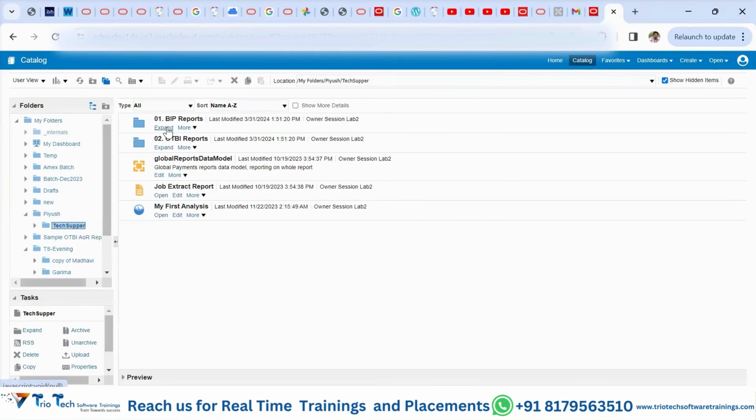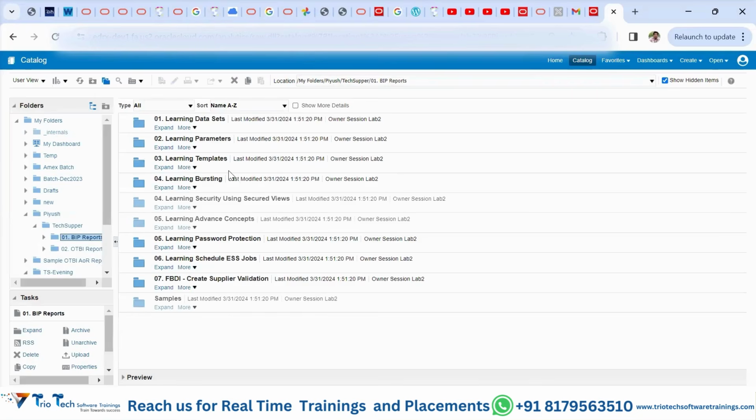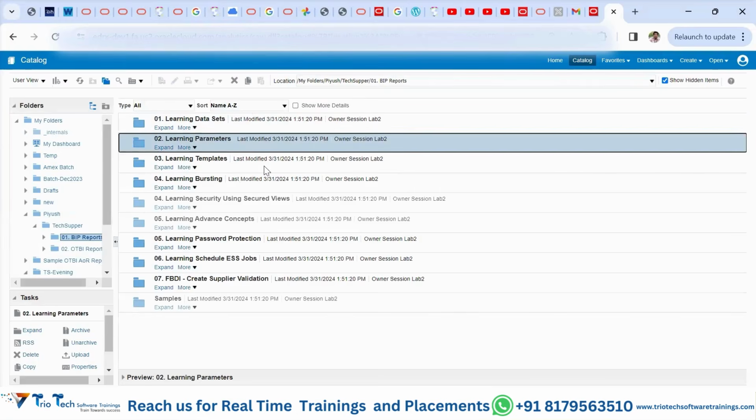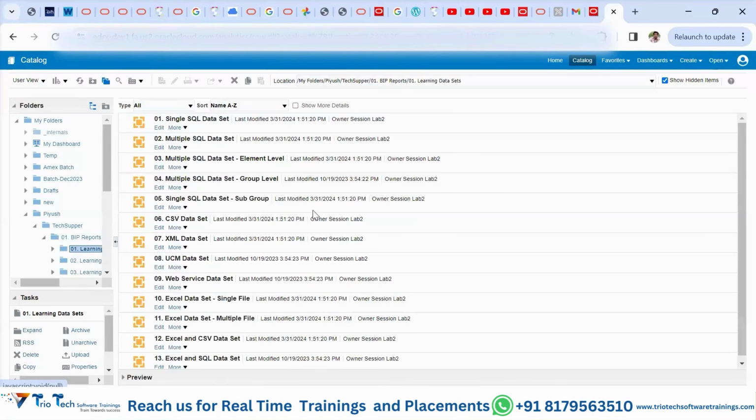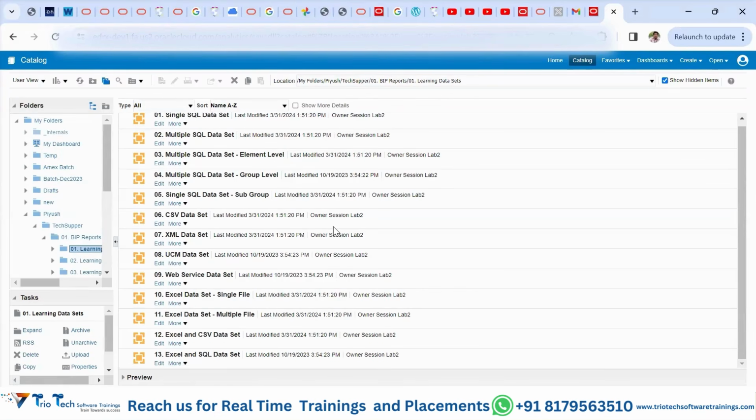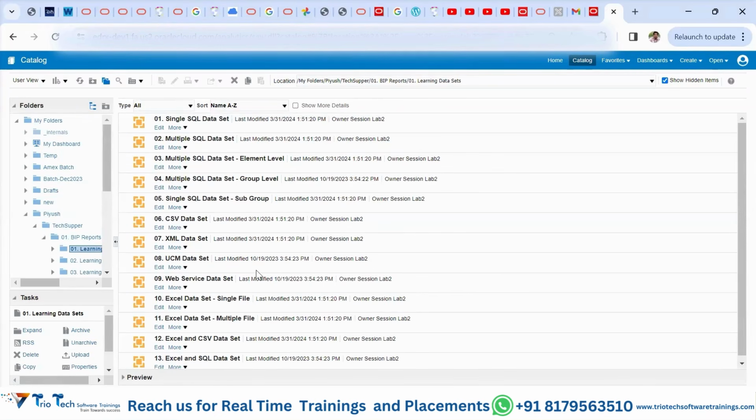BIP is one of the components we have created. In this BIP we have samples using a data set, using parameters, template, bursting, and different technologies that we will be looking into. Talking about the data sets, for whatever data sets are offered by Oracle, we have created samples for you, so you can always refer to these samples in case you have any requirement.